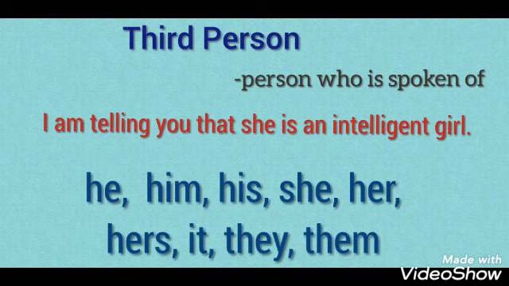And she is the person who is being talked about, so she is in third person. Now here, third person pronoun examples are given. He, him, his, she, her, hers, it, they, them, theirs are all third person pronouns.